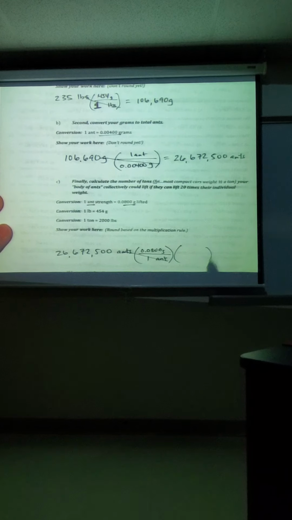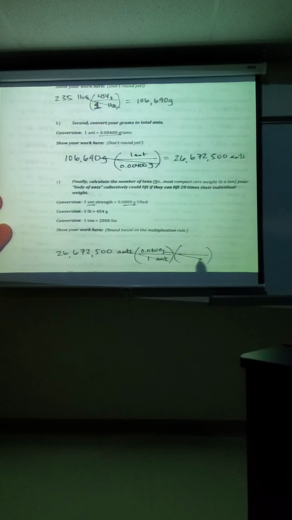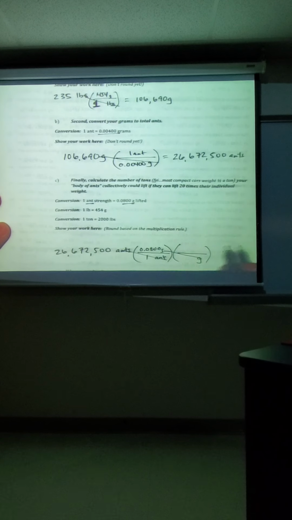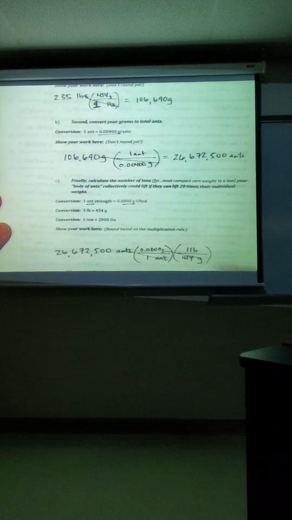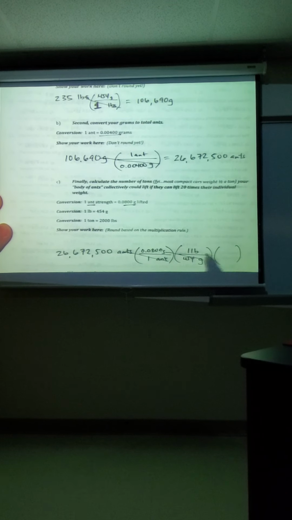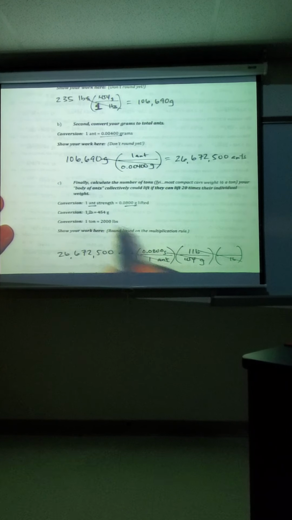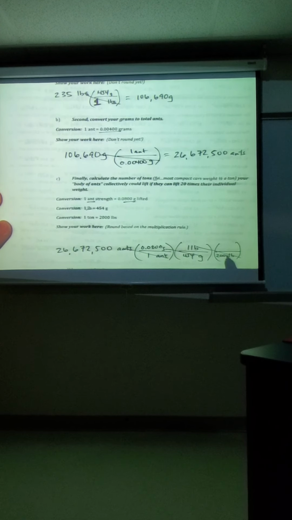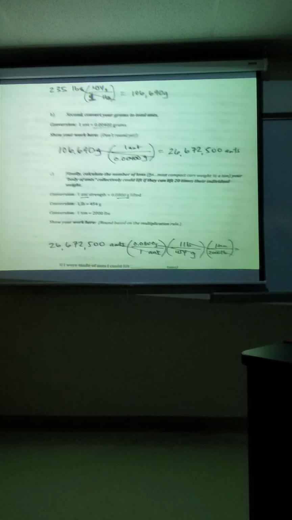We want to convert that to tons because that's more meaningful for cars we're going to throw around in a superhero movie. So get rid of grams. And 1 pound, there is 454 grams. Get rid of pounds. So pounds there, we have 2,000 pounds and 1 ton. So tons should be left.